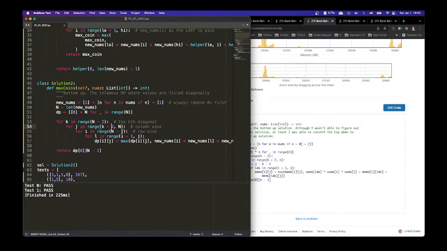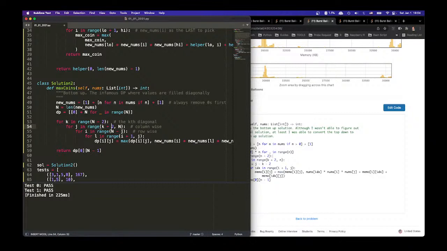Okay, so now we got the J, which is the column, right? Now, for I, we have the J, and I, we can just go through them.